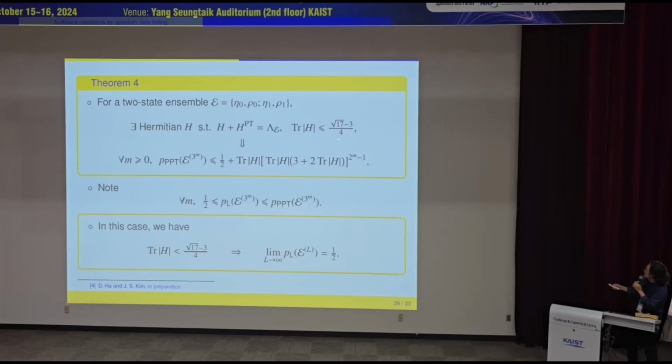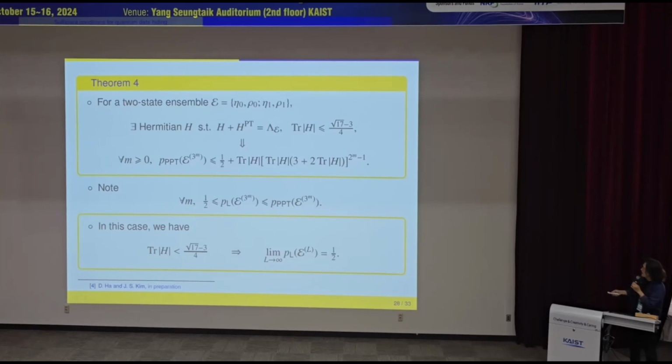This one seems a bit arbitrary, but we use it to show this inequality. Maybe you can find some better inequality, but anyway, we could show this, and it also implies that the term inside this power is less than or equal to 1.